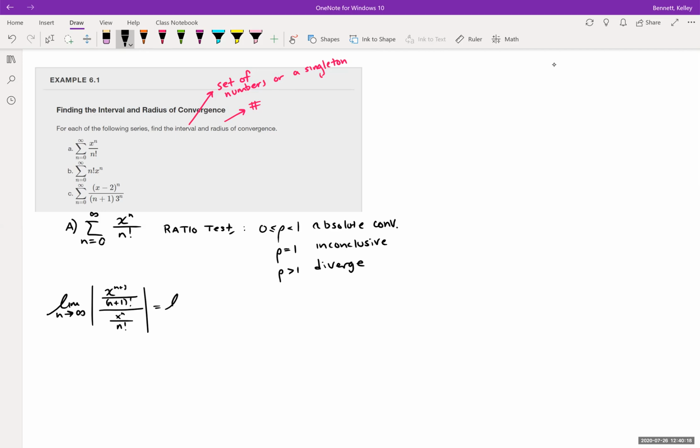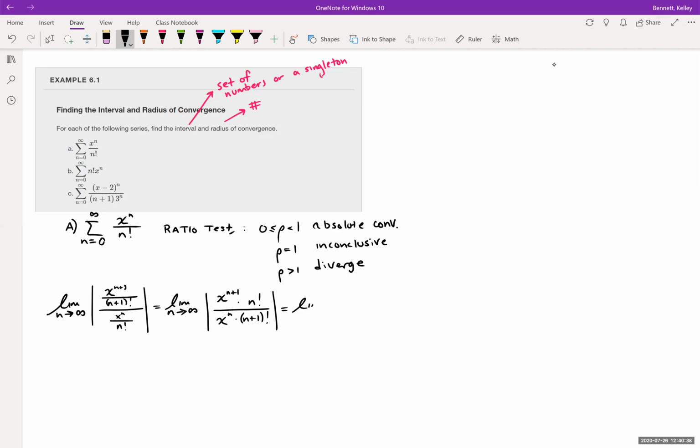So I'm going to simplify and keep my absolute values in place for now. So I get x to the n plus 1 over x to the n times n factorial over n plus 1 factorial.